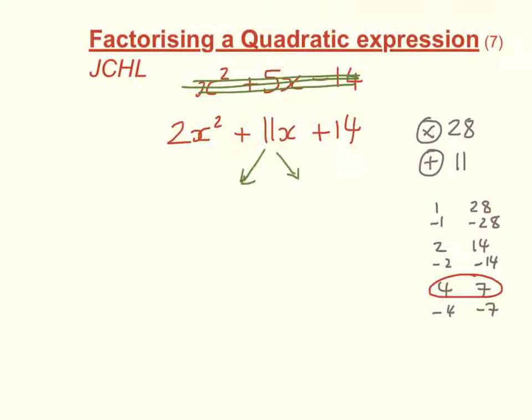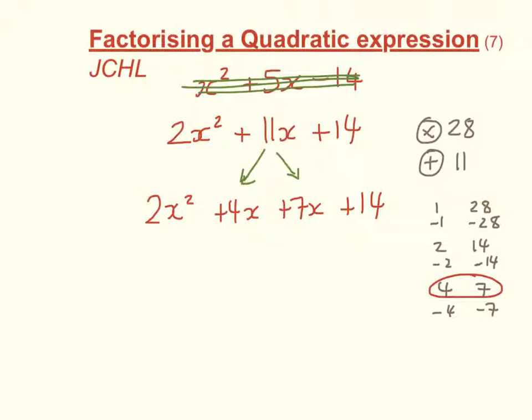And we want these numbers to split up 11x. So 11x is going to become plus 4x and plus 7x. We still have the 2x squared and we still have the 14. We take the first two terms and we factorise those. So what's the common factor of these two terms?